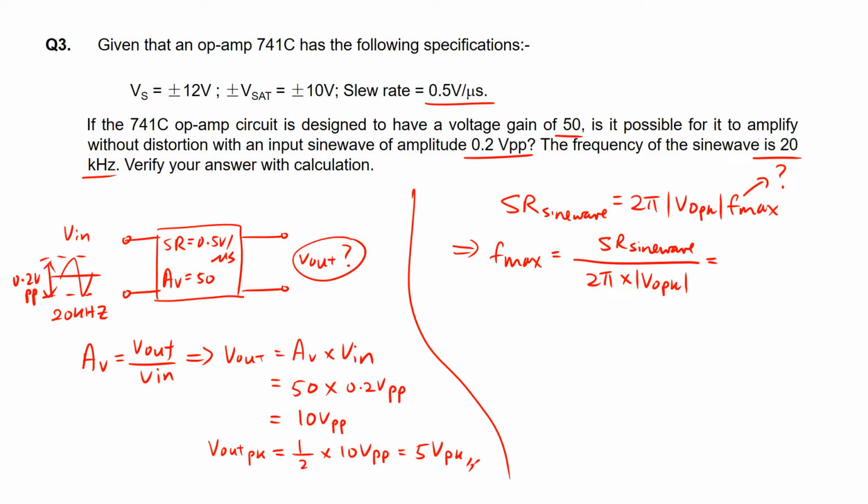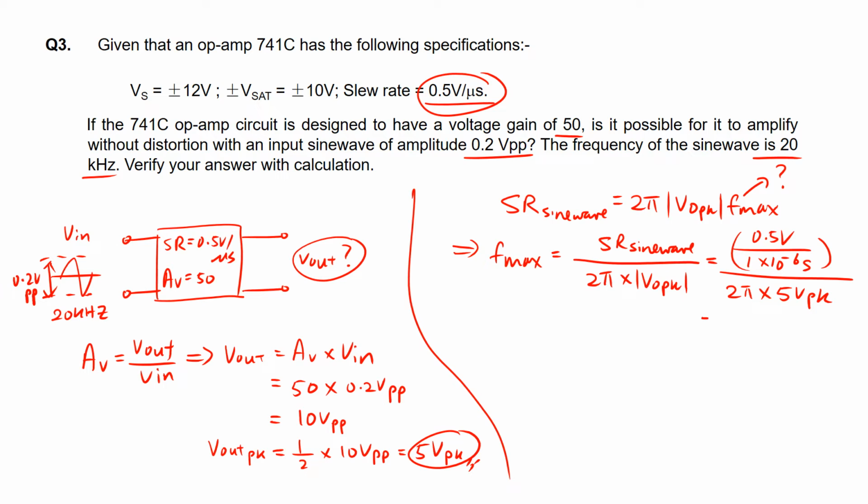The SR sine wave is given as 0.5 volts per microsecond, so it's actually 0.5 volts over 1 times 10 to the power minus 6 seconds. This is divided by 2 pi multiplied by the output peak voltage, which is 5 volts peak. If you calculate this out, the maximum frequency will be 15.92 kilohertz.